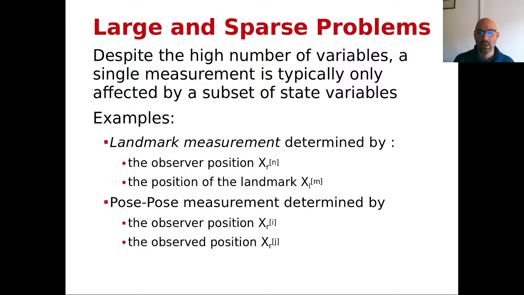If for each pose I observe at most 10 landmarks, then the number of non-zero blocks added by this observation will be equal to 10 times the number of poses.